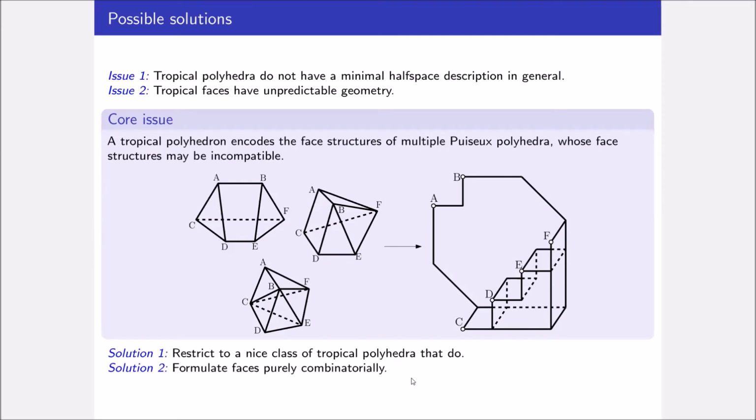In the last 5 minutes, I'd like to talk about how to overcome the first issue, that tropical polyhedra do not have a minimal or even canonical half-space description in general, and show that we can find a nice class that does have a minimal half-space description and use that to find a canonical half-space description for all tropical polyhedra.